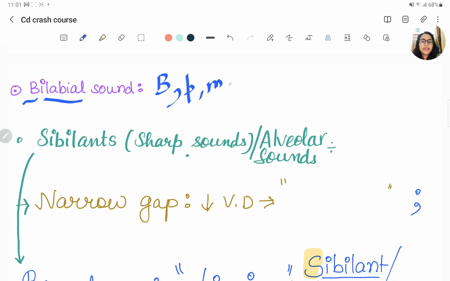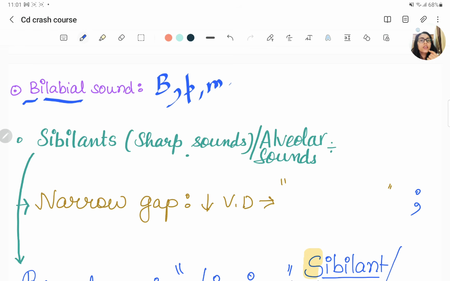Sibilant sounds are the sharp sounds. They are also known as alveolar sounds. The upper anterior teeth are not touching the lower, but they are approximating each other, such as in S. When you say S, the upper teeth are not touching the lower teeth, but they are very close.